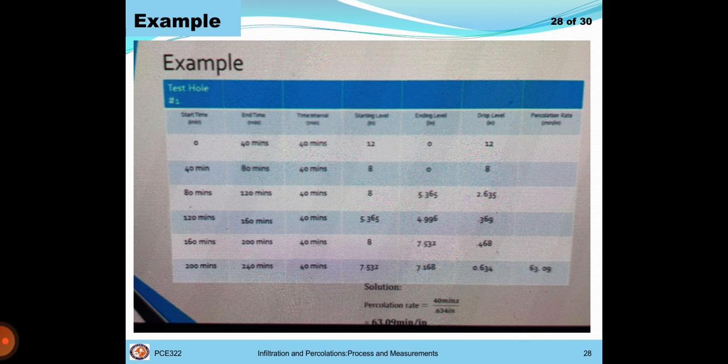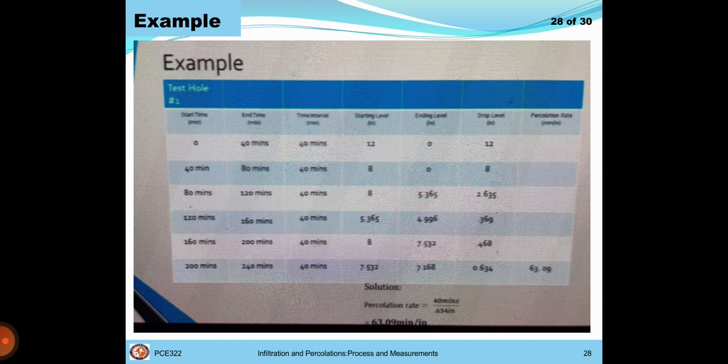Then, the ending level is 5.365. I don't know how to explain that; maybe it can be seen in the test. Then, the starting level minus the ending level results in a drop level of 2.635.